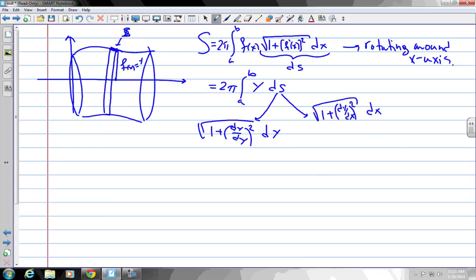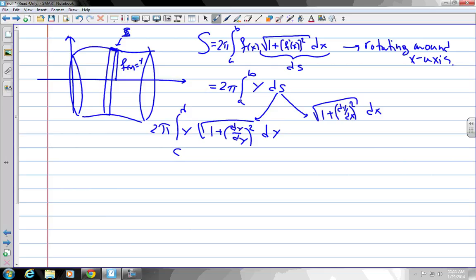Of course, your a and b would have to change. You have different limits, so you're probably going from c to d if you flip your variable of integration.